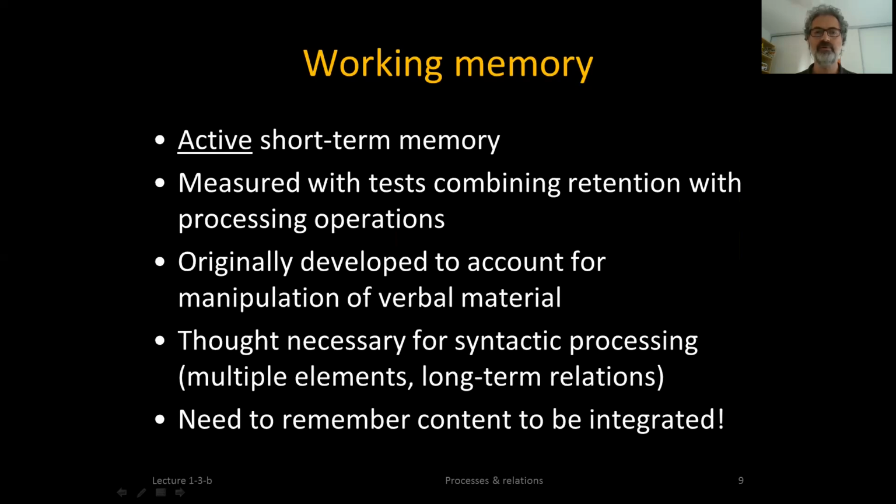Also, working memory is thought to be very important for comprehension because in order to integrate sentence meanings across the text, you need to be remembering the sentences, the meaning of the sentences, while you process them so that they're integrated.